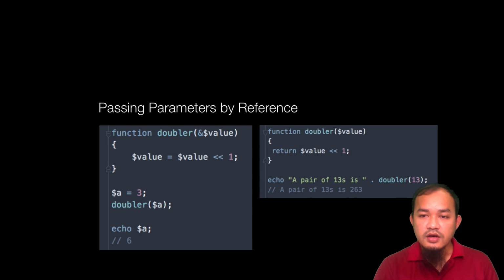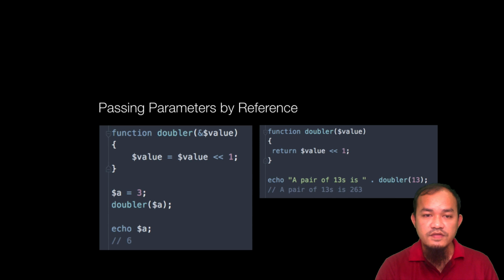In the second example in this figure, you see doubler without using any reference, but we want to double, so 13 will be doubled. The result will be 26, 3. Not by reference, but it should be doubled by default.